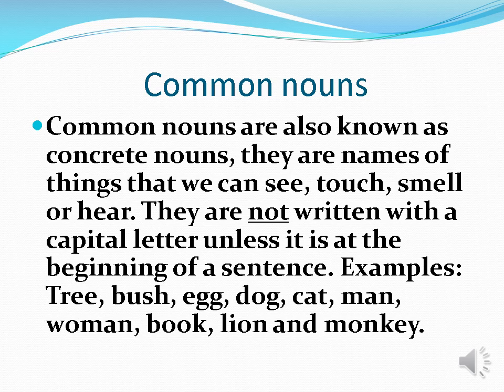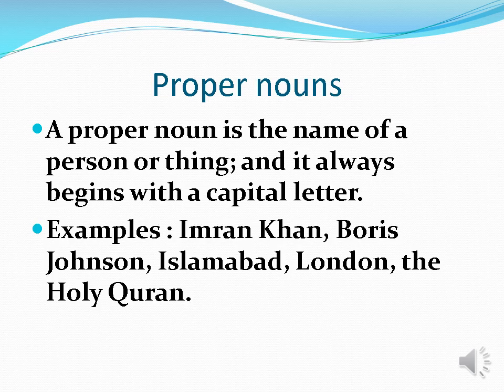So in the SATS exam, children are expected to identify common nouns and distinguish them from proper nouns. A proper noun is the name of a person or thing, and it always begins with a capital letter. Okay, so we've got some prominent examples here: Imran Khan, Boris Johnson, Islamabad, London, and the Holy Quran.